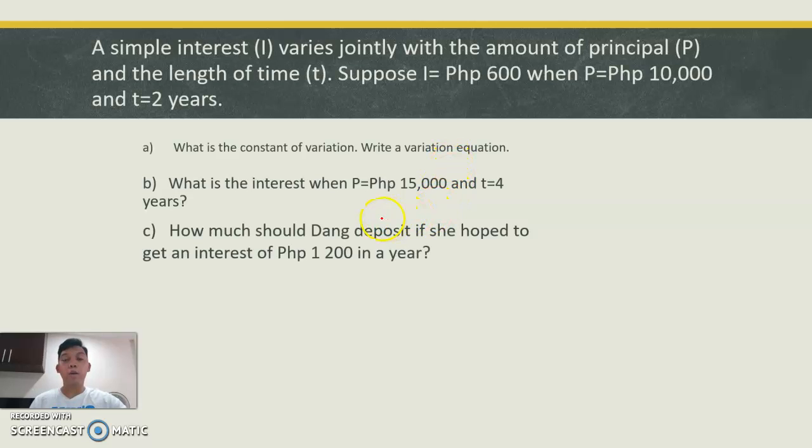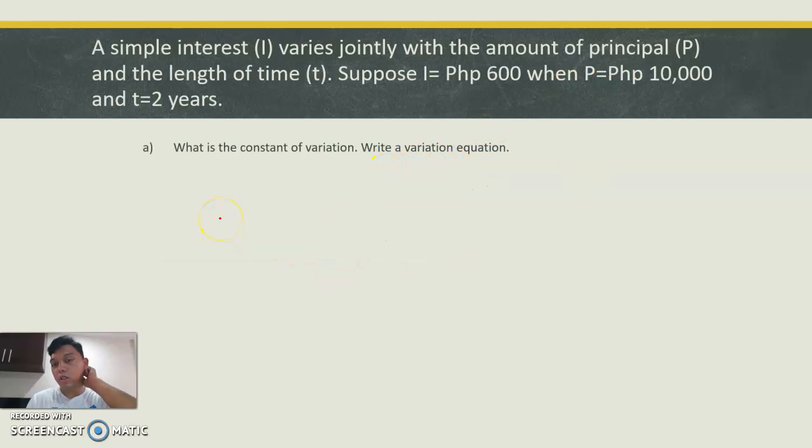And third: how much should someone deposit if she hopes to get an interest of 1,200 in a year? So let's find the constant of variation and write the equation.